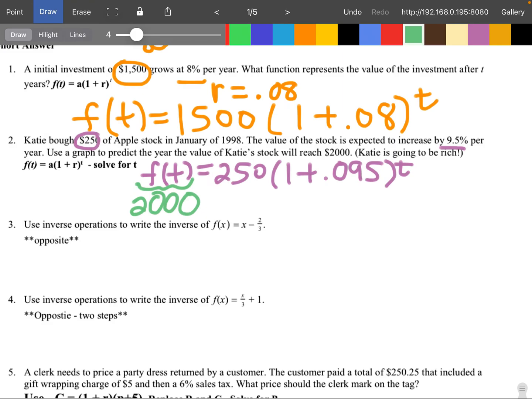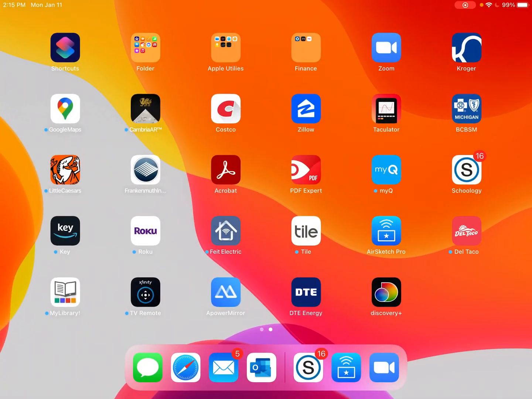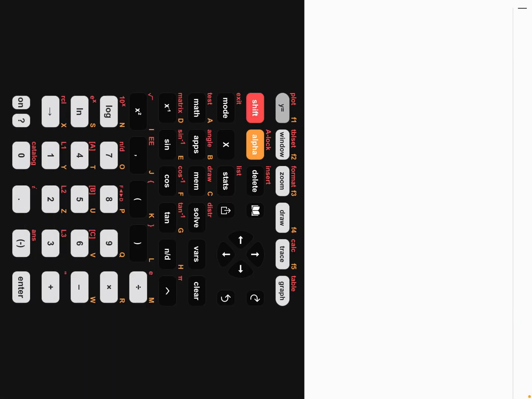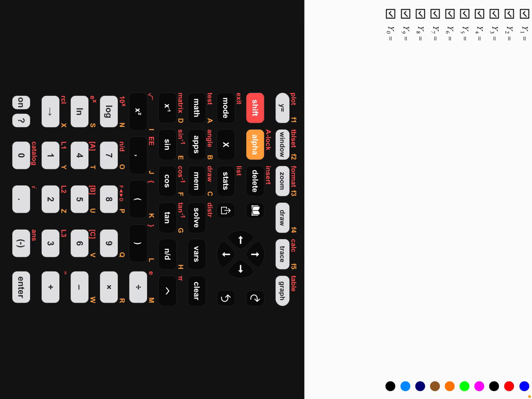So in your calculators, we're going to go to our y equals, and it's going to be 250 times 1.095 raised to the x, and then we're going to graph it, or go to the table.